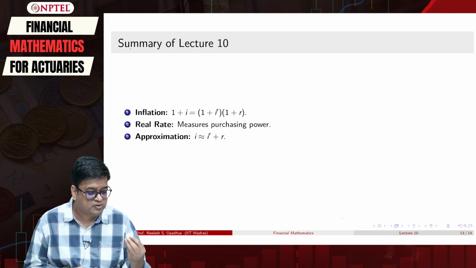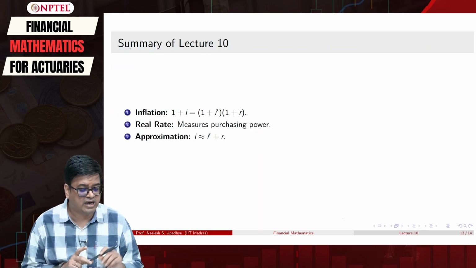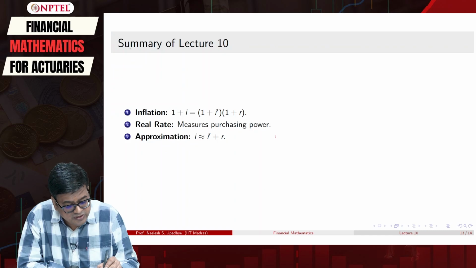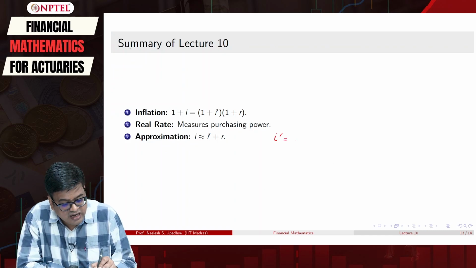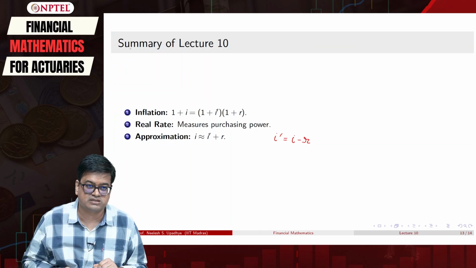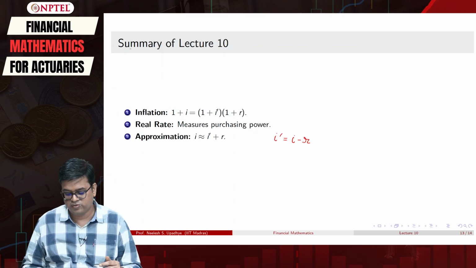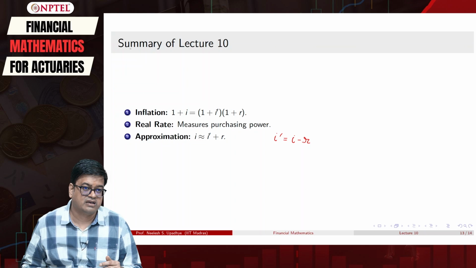For example, we ignored the term i prime r, the product of i prime and r, and then we derived the approximation i is equal to i prime minus r, and therefore a shortcut way to understand i prime, that is real interest rate, is i minus r, and we saw the limitations of this approximation as well. So it may overestimate or underestimate depending on the value of r that we are choosing.